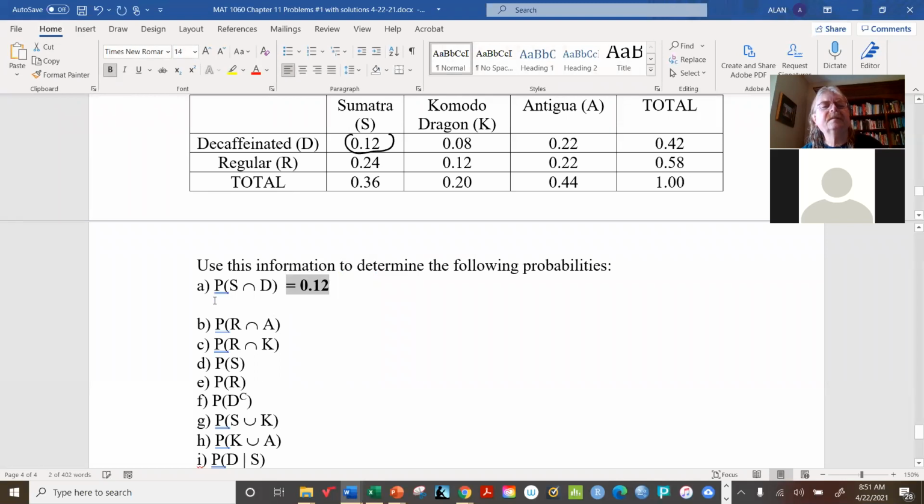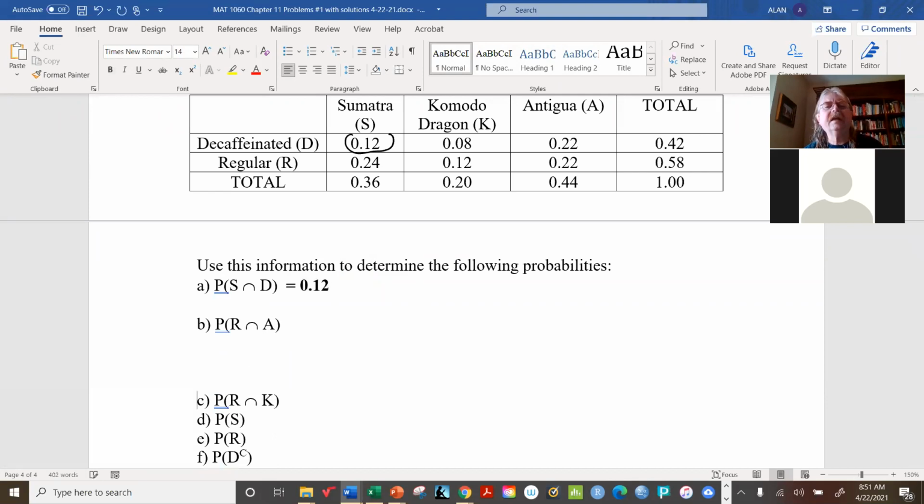That's kind of nice. Now, how about this one? This is R and A. That's regular Antigua. So if you look in the chart, you'll see that at the intersection of row R and column A, here we go, we have 0.22. So 22% of these coffees are regular Antigua.